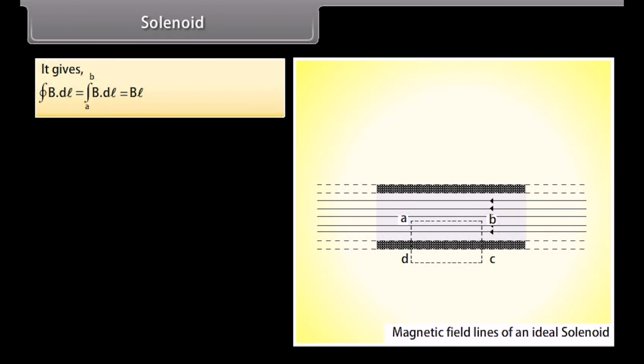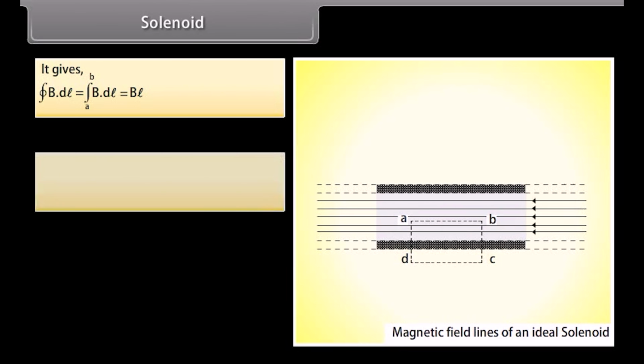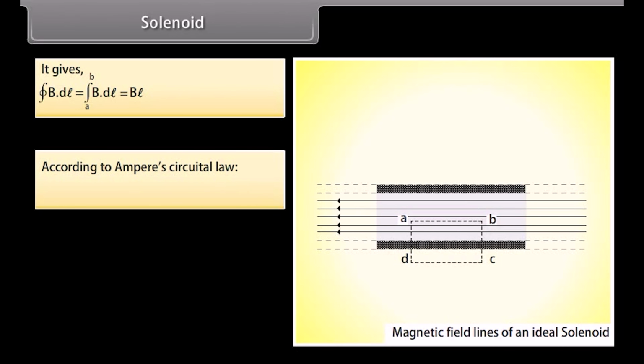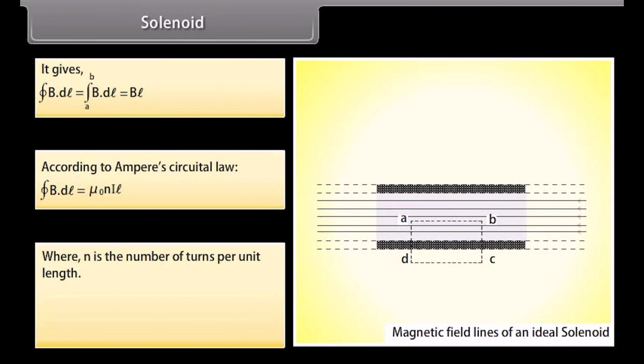It gives closed integral of B dot dl is equal to integration from a to b of B dot dl, which is equal to BL. According to Ampere's Circuital law, closed integral of B dot dl is equal to mu naught nIL, where n is the number of turns per unit length. From above two equations, we get the result B is equal to mu naught nI.